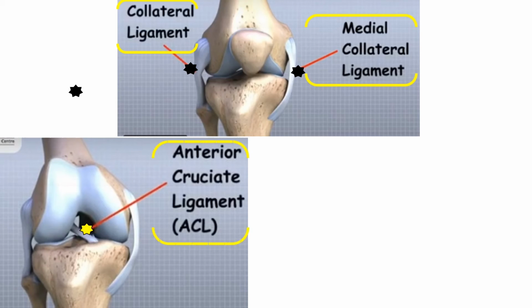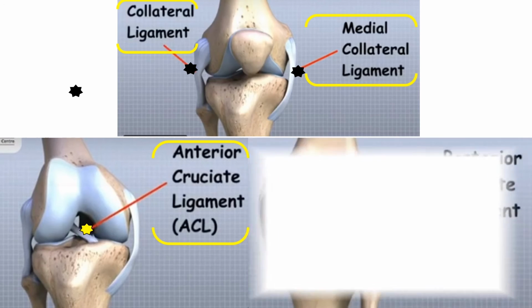One is the anterior cruciate ligament, and as you can notice here, it is coming from the anterior part of the tibia, the intercondylar area, going posteriorly and laterally to insert on the posterior surface of the lateral condyle of the femur.